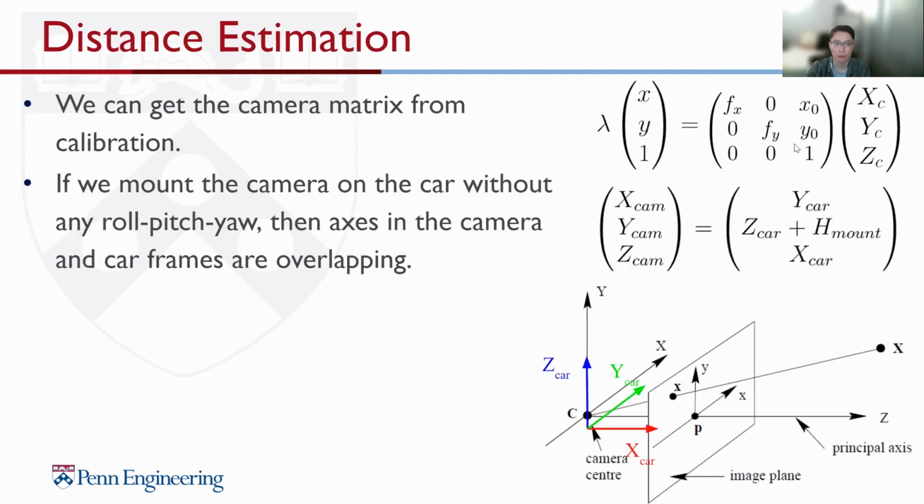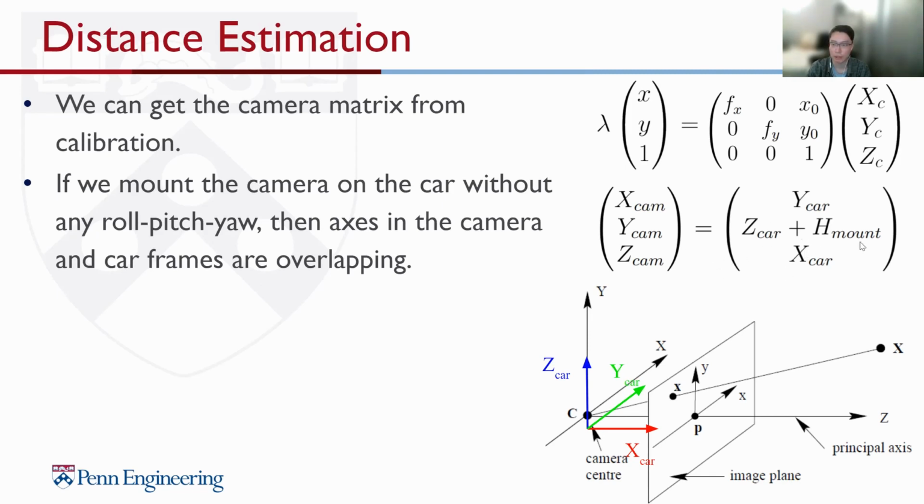We can get the intrinsics matrix. And if our camera is mounted on the car without any angle, without any roll or pitch at all, that's to say the car frame's axes are just overlapping with the camera frame, then we can have this relation.